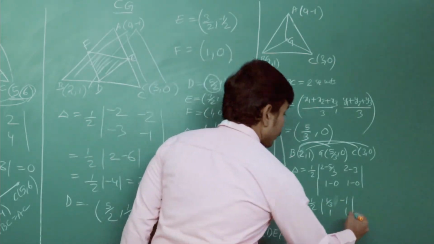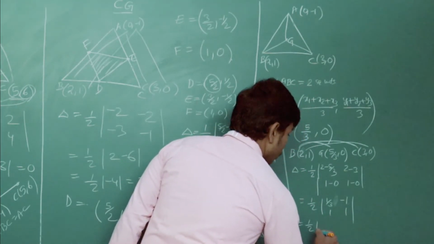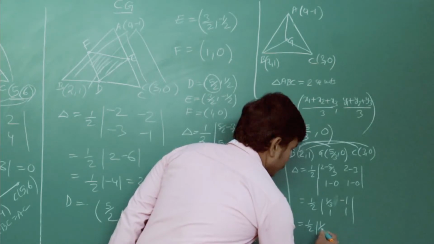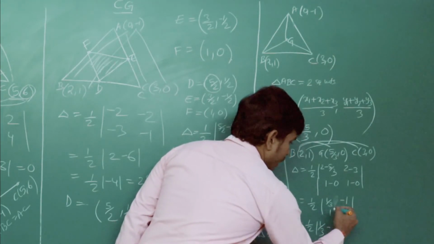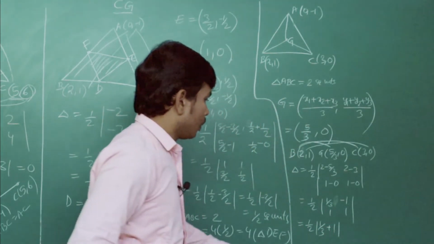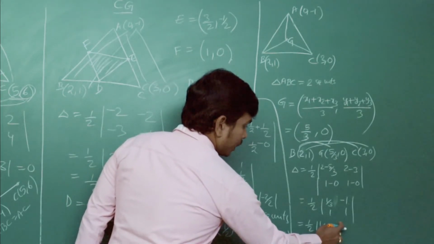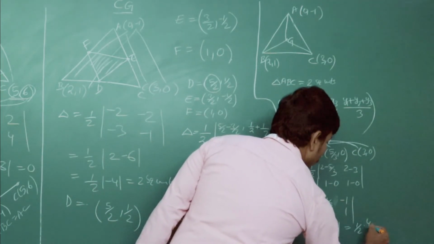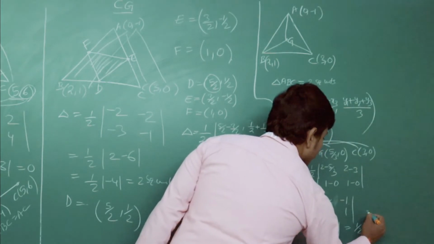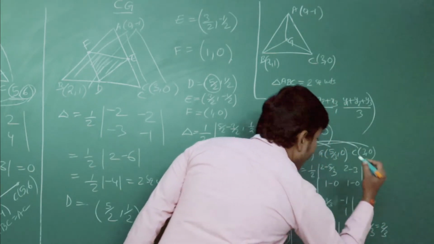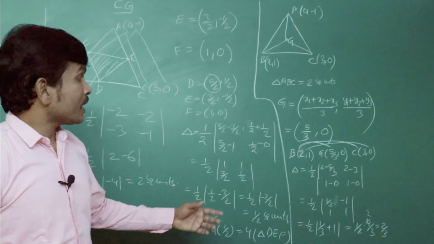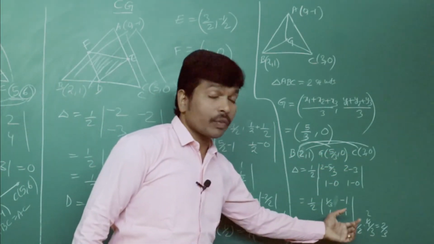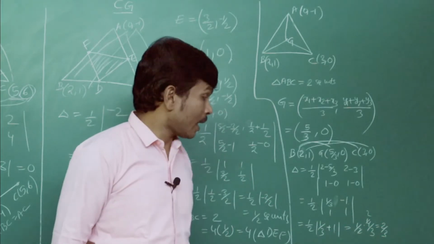Now what did we get? 1 by 2 of 1 by 3 into 1, minus into minus plus, so 1 by 3 plus 1. 3 1s are 3, 3 plus 1, 4 by 3. So 1 by 2 into 4 by 3, you got 2 by 3. What is the area of the triangle BGC? The area of the triangle BGC is 2 by 3.